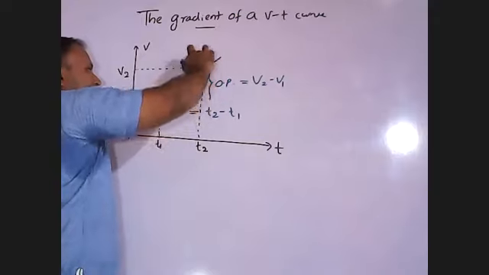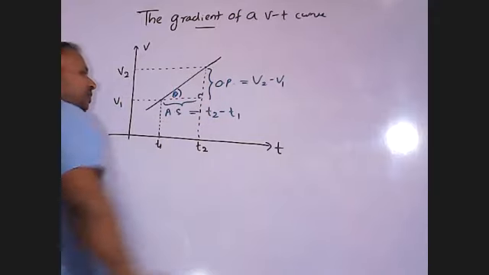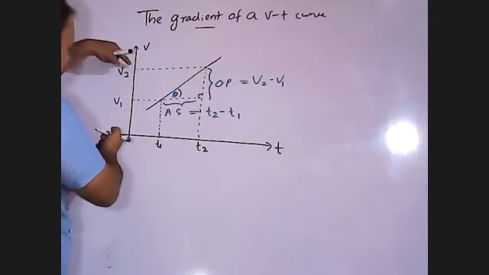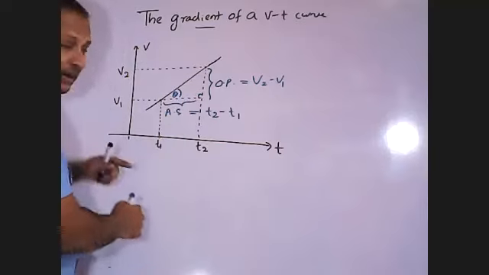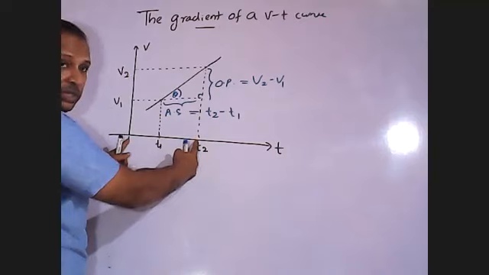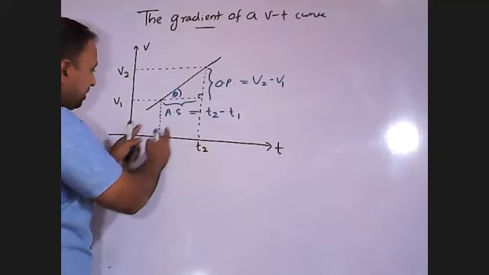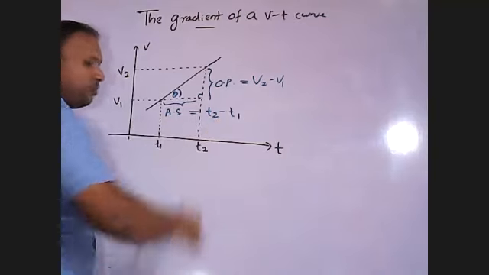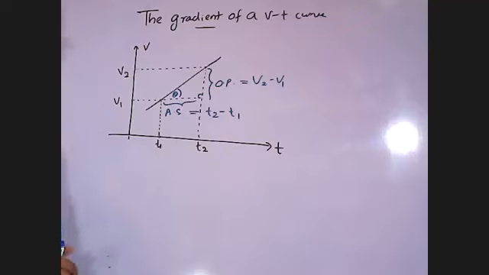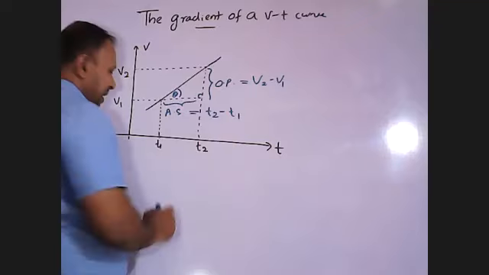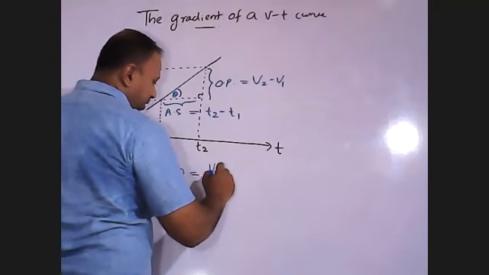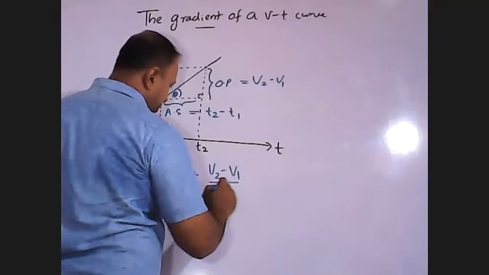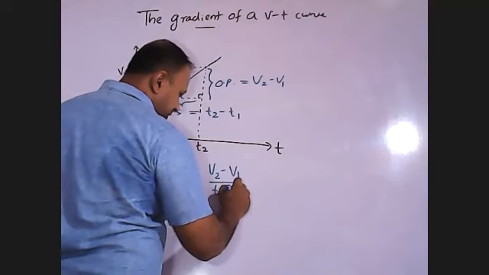This one is V2, this one is V1. Therefore, this is V2 minus V1. This part is T2, this part is T1. Therefore, this one is T2 minus T1. Therefore, tan theta is equal to V2 minus V1 over T2 minus T1.